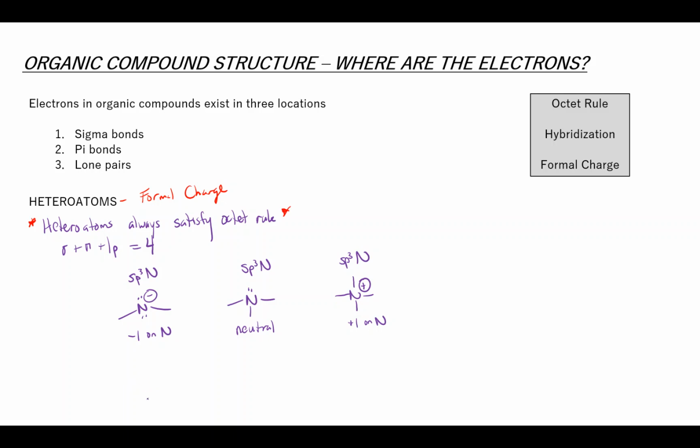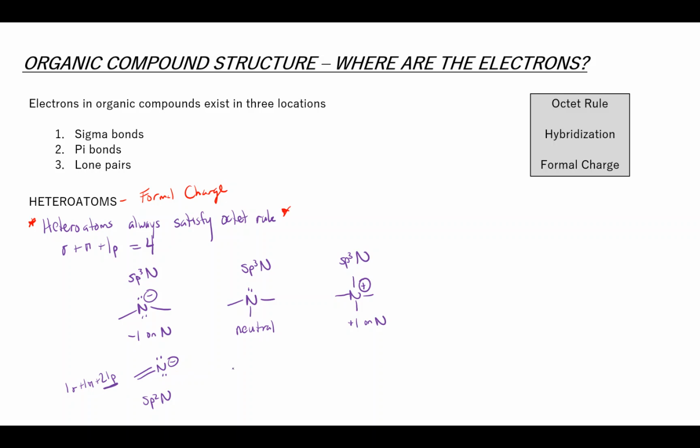So we can also do an sp2 nitrogen, and we can do the same thing. Right, so a negatively charged sp2 nitrogen would have a pi bond, a sigma bond, and 2 lone pairs. So 1 sigma plus 1 pi plus 2 lone pairs. That still equals 4, still has the octet rule, but because it has 2 lone pairs, that tells us that it's negative.